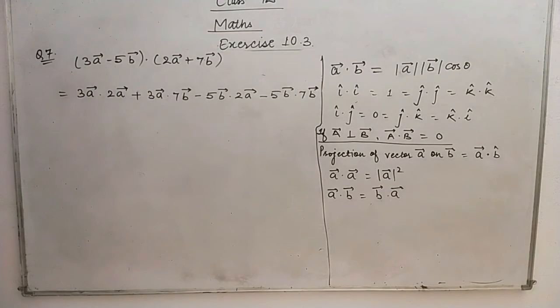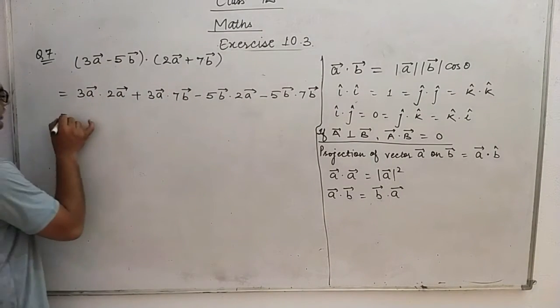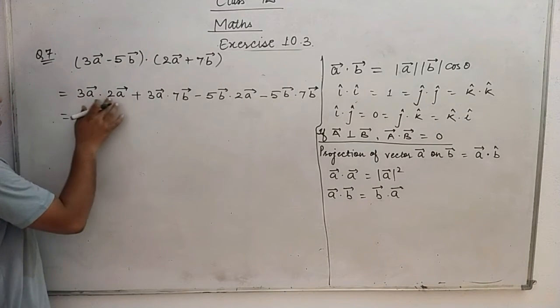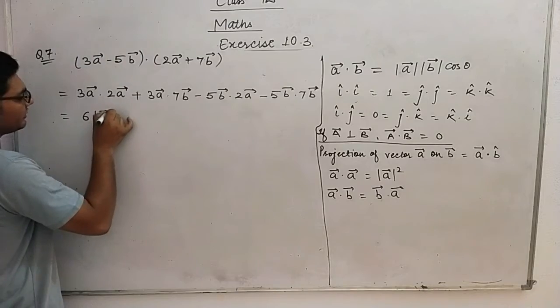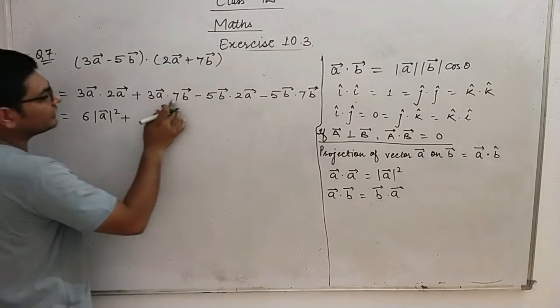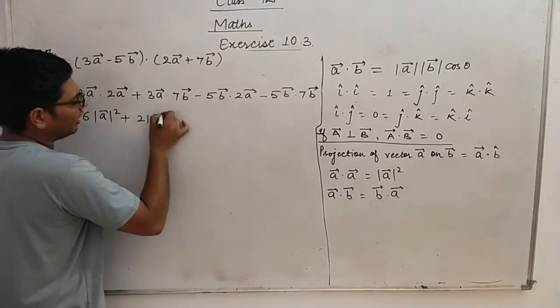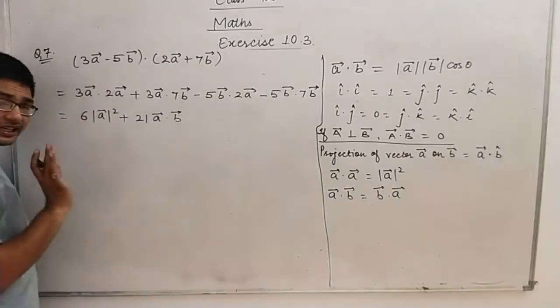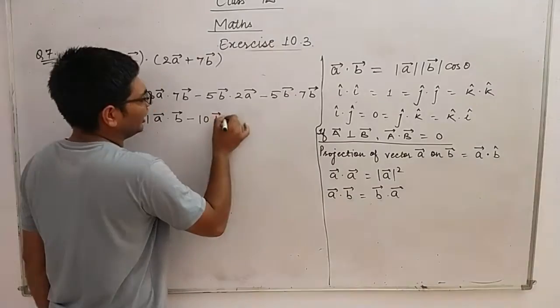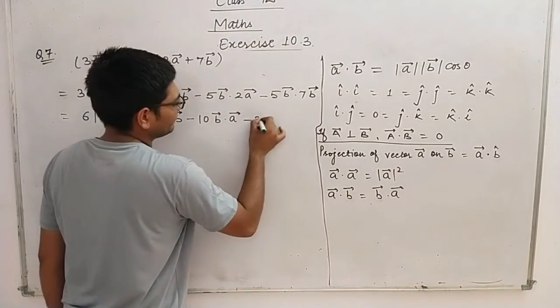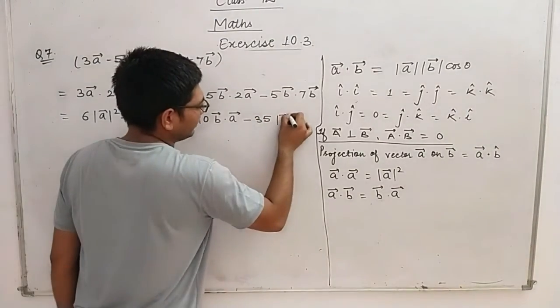Just using common algebra, this becomes 6 times, 3 2s are 6, and a dot a is, look here, magnitude of a square. That is 7 3s are 21, a dot b, okay, leave it as a dot b only. That is minus 10 times b dot a, and it is minus 35 magnitude of b square.